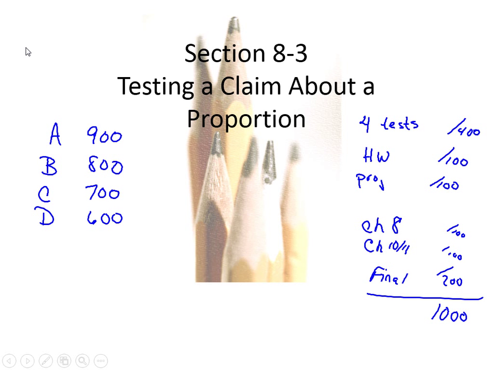Then take how many points you have out of the 600 and subtract it from what your goal is. So if you're aiming for an A, 900 minus however many points you already have tells you how many more points you need to get out of the 400 that are left to work with. So you can figure out what grade you need to get on the next 2 tests and on the final, assuming you keep your homework and project average at or above where you currently are. Then that would tell you how to figure out your grades.